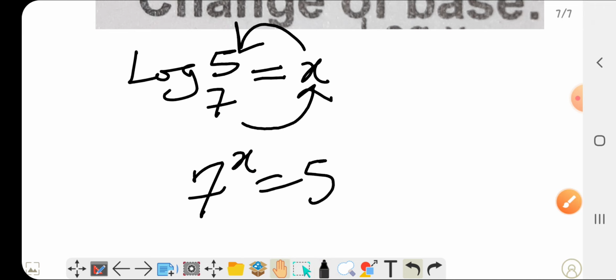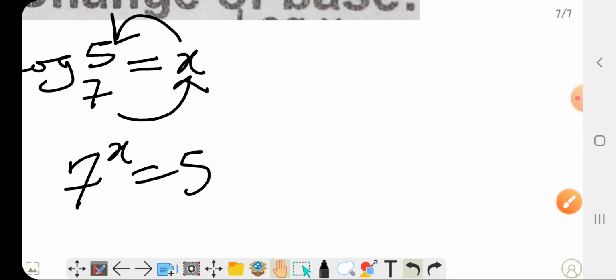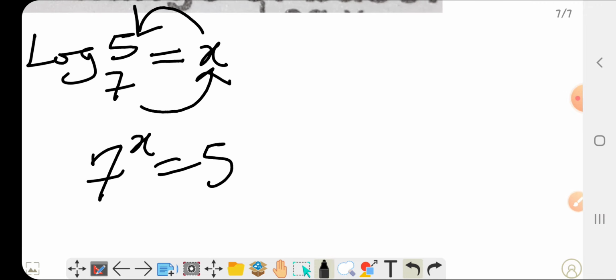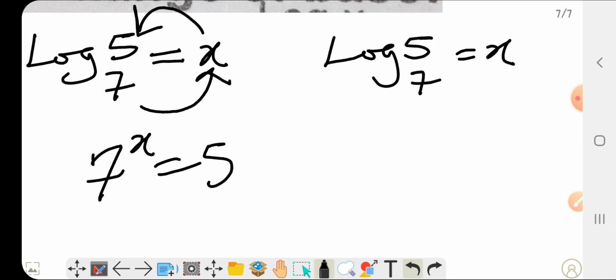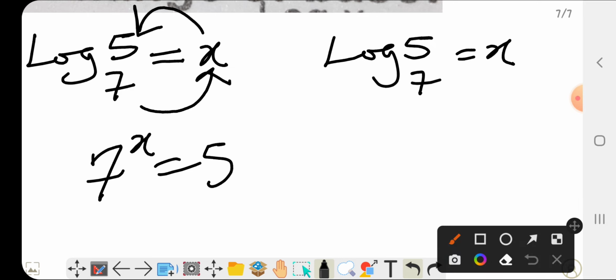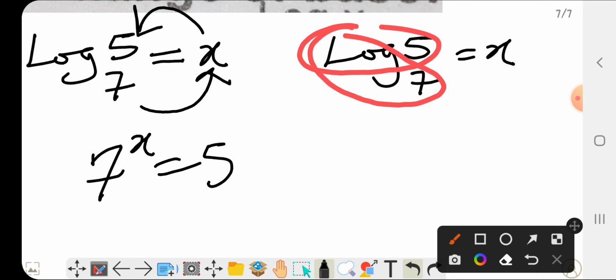So going back to the original question, I can now rewrite it: log 5 base 7 equals x. Then the next thing to do is to give both log 5 and log 7 the same base, like this.